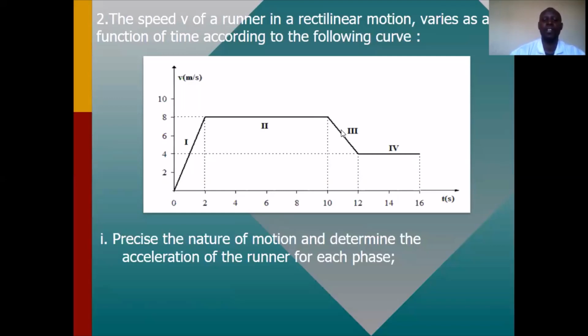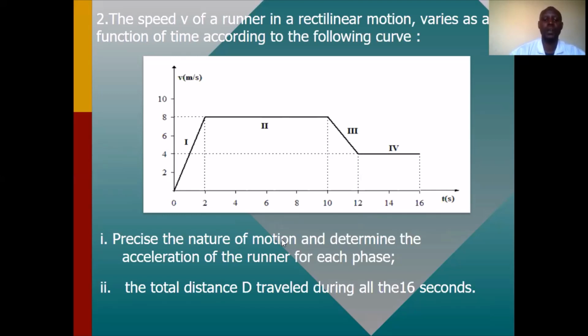And we have uniformly decelerated rectilinear motion. The last phase is similar to the second phase. The velocity is constant; the speed is not changing. For the second phase the speed is 8, but for the fourth phase the speed is 4. Here we have uniform rectilinear motion because we have no acceleration.